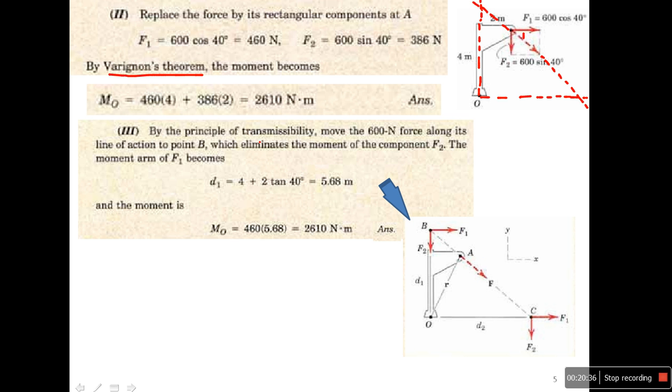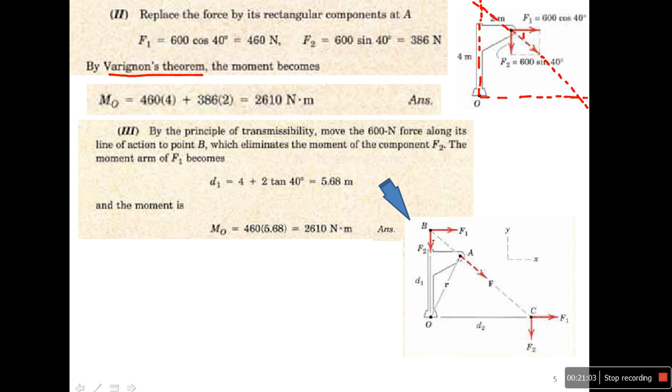By the principle of transmissibility, move the 600 force along its line of action to point B. So I will move these components, depending on the principle of transmissibility, to point B here, which eliminates the moment of the component F2.